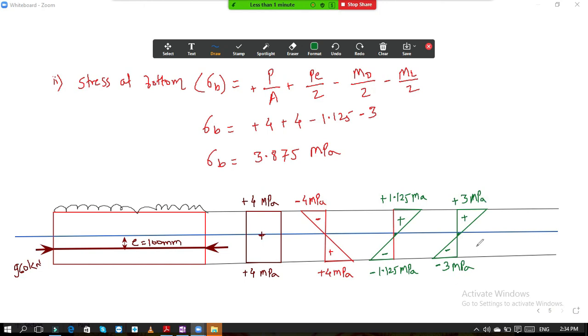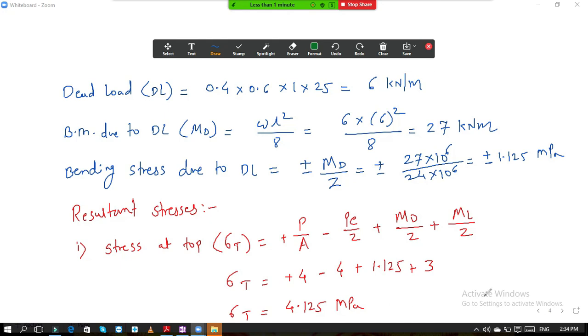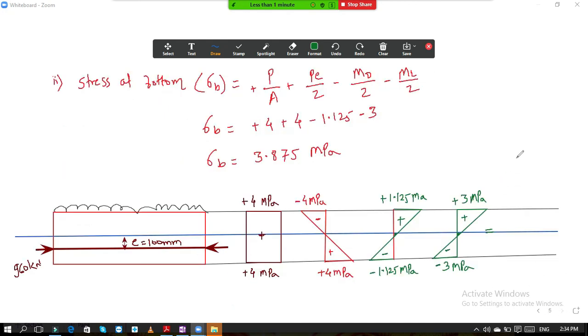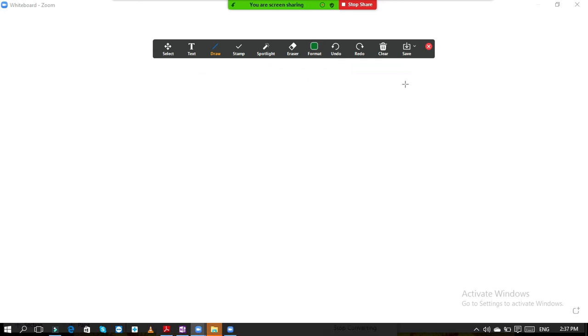All these are the stresses. And now we will draw the final diagram after doing all these things. What is the stress at bottom? 3.875. And what is the stress at top? 4.125. So first of all, this is your baseline.